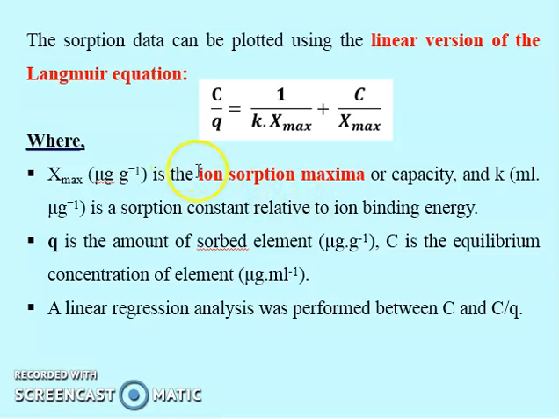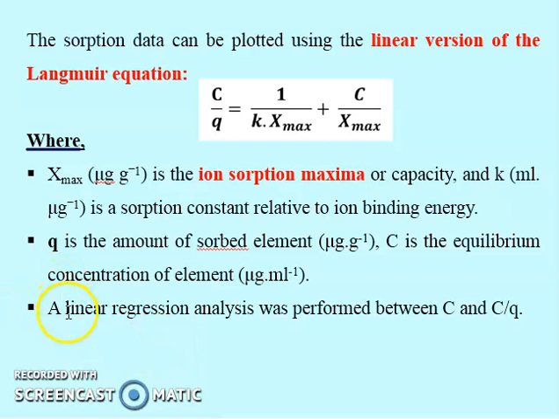It means the maximum ion adsorption capacity, that is, the maximum amount of adsorbate that can be adsorbed to the adsorbent. The maximum amount of contaminant can be adsorbed to a solid material, or a maximum amount of an element can be adsorbed to the soil, for example. So here is the importance of Langmuir: by using this equation you are able to calculate the maximum adsorption, while in Freundlich it is not possible to calculate X max.